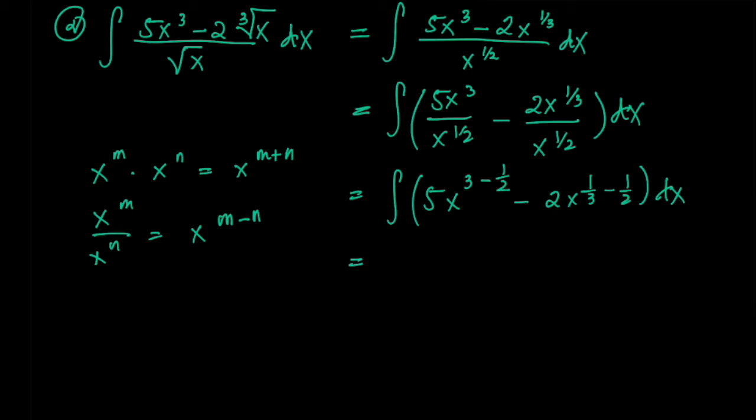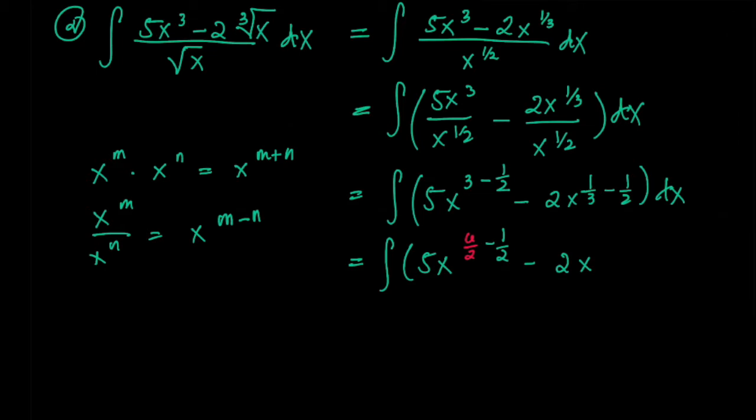To further simplify this, let's express this 3. Instead of 3, let's make it the same denominator as the other fraction, which in this case is 2. So we can express 3 as 6 over 2, since it's the same as 3. Then subtract 1 over 2 minus 2x raised to, but in this case, the other is not a whole number, they are both fractions.